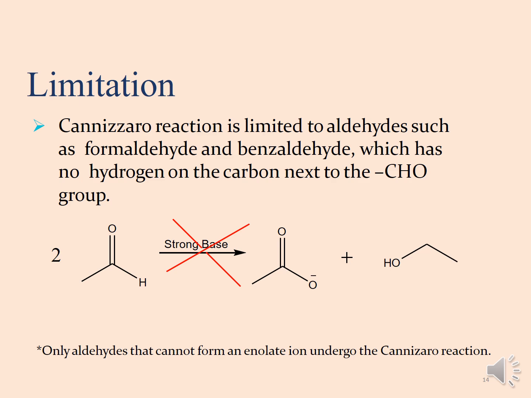The Cannizzaro reaction is limited to aldehydes such as formaldehyde and benzaldehyde, which have no hydrogen atom on the carbon next to the functional group, that is the CHO group. Only aldehydes that cannot form an enolate ion undergo the Cannizzaro reaction.